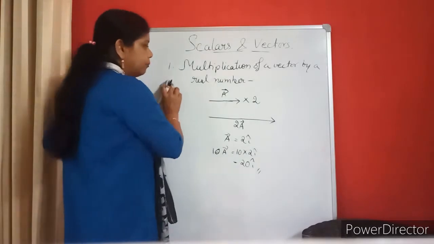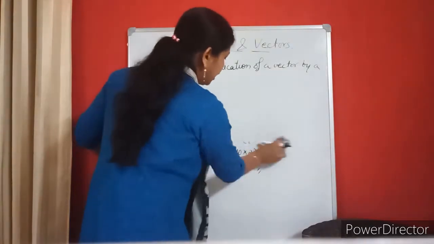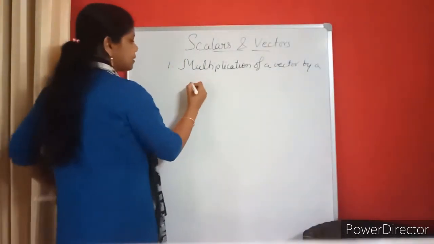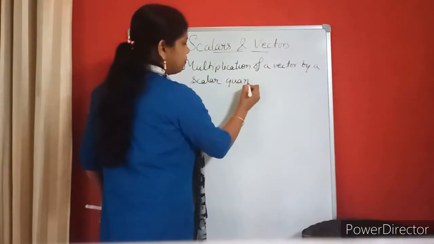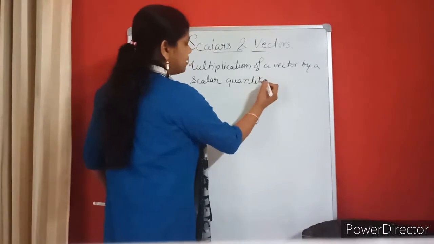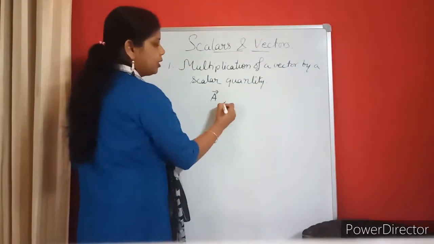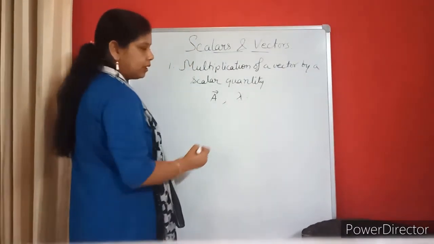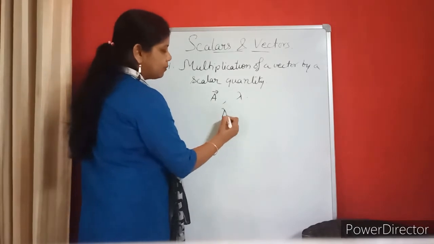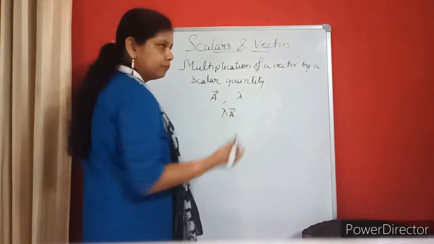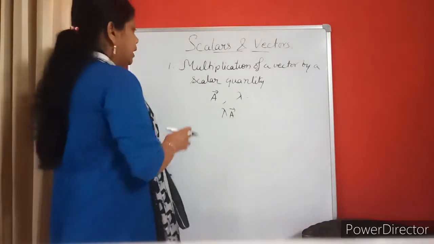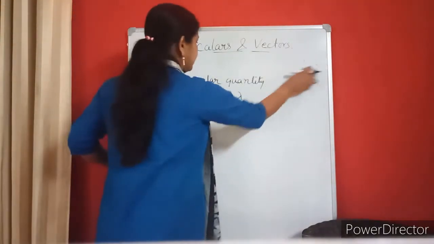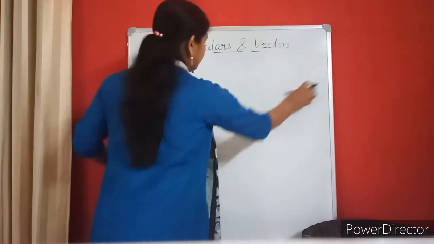If I say A is a vector and lambda is a scalar quantity, then the product will be lambda into vector A. So that is similar to the previous one. Okay, let us now study the next part, that is the addition of vectors.